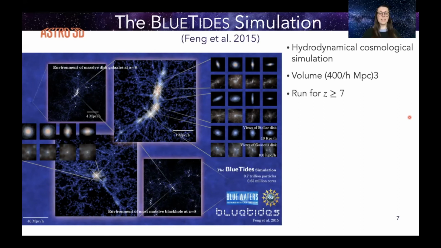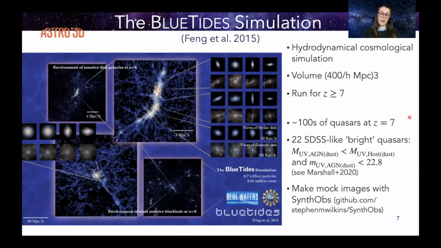So this massive volume means that there are lots of these very rare high-redshift quasars that we can study. Unfortunately, because the volume is so large, BlueTides has only been run at very high redshifts and down to redshift 7. However, at redshift 7, there are already hundreds of quasars in the simulation.